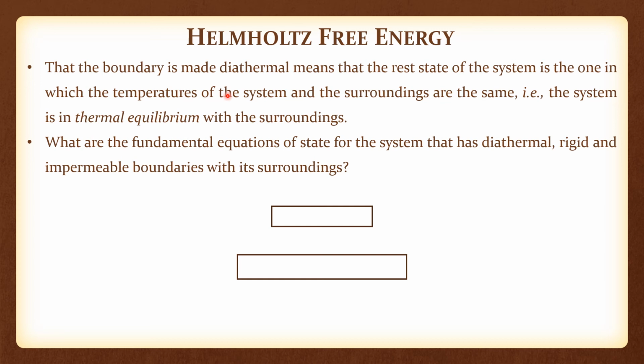Now similarly, what are the fundamental equations of state for the system that has diathermal, rigid and impermeable boundaries with its surroundings? By our definition, A is U minus TS, that's the Legendre transformed potential from U, that is your Helmholtz free energy. But U is from Euler's integral fundamental equation of state, TS minus PV plus μN.